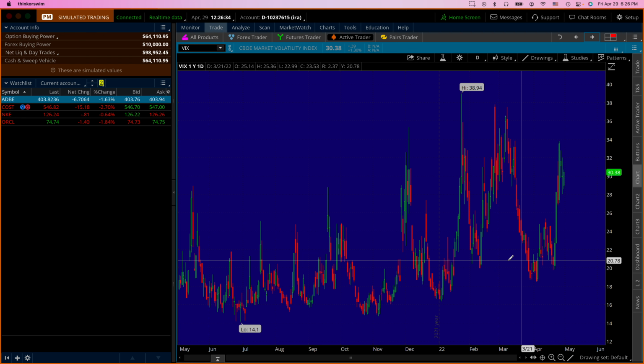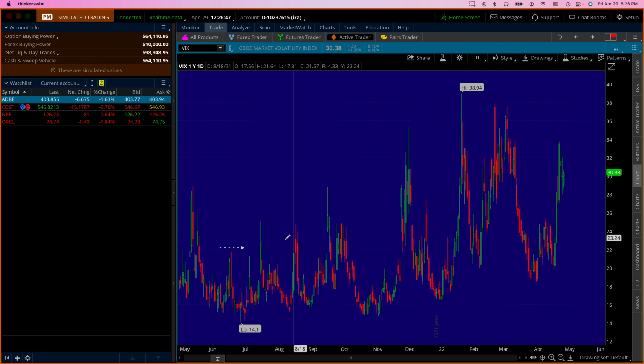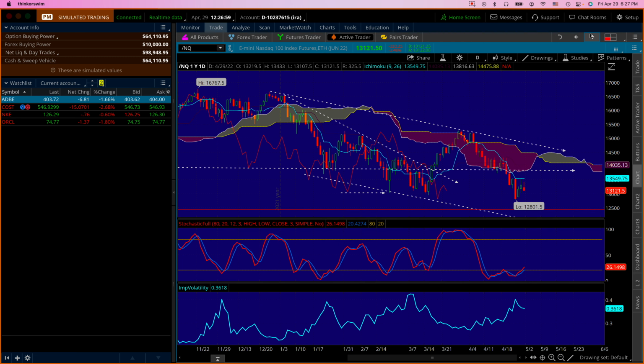I would say a normal VIX would be around 20. Let's put a level here. Our normal VIX, which means we are at a high VIX right now. This tends to go up and down very quickly, and usually reflects what the market is doing.